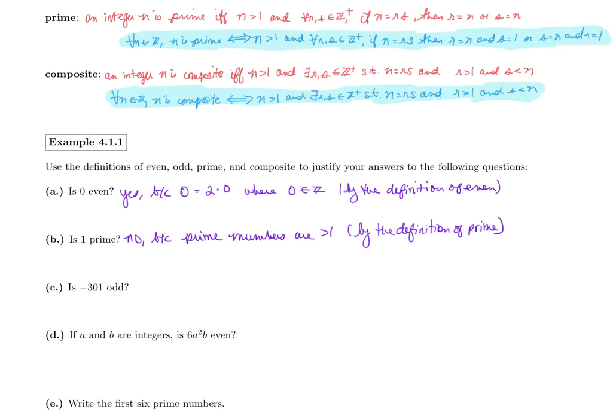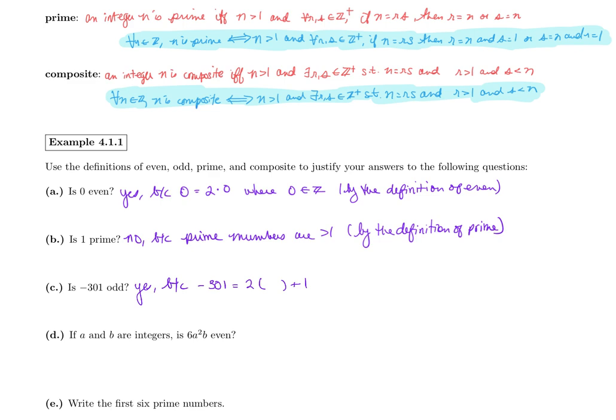Okay, not so bad. Let's try a couple more. Is negative 301 odd? Well, your first inclination is, yes, it's not even, so it has to be odd. Which is true, but remember, we're applying the definition of even and odd. So we need to show that negative 301 can equal 2 times some number plus 1.